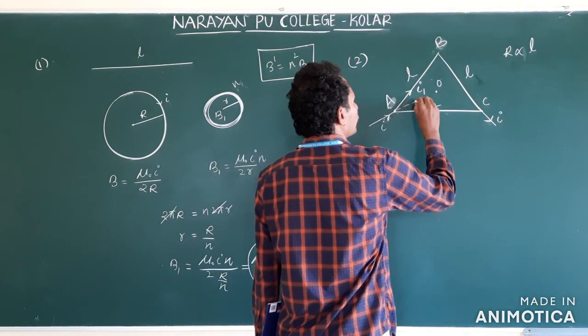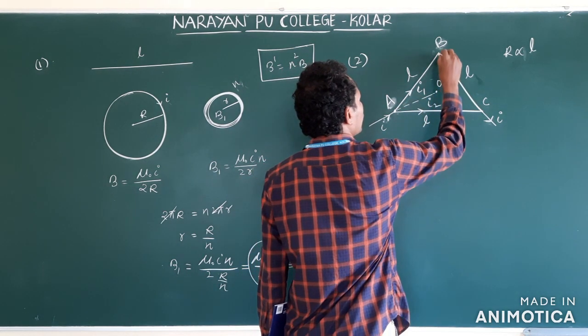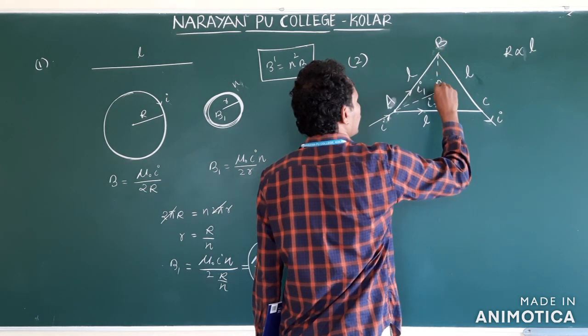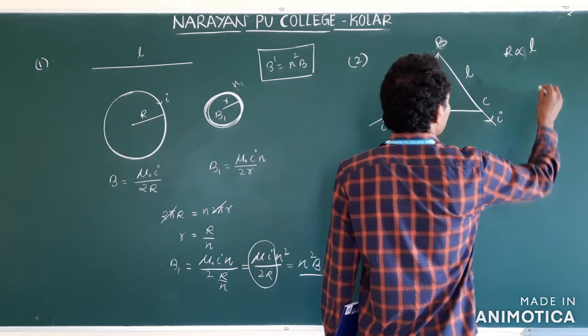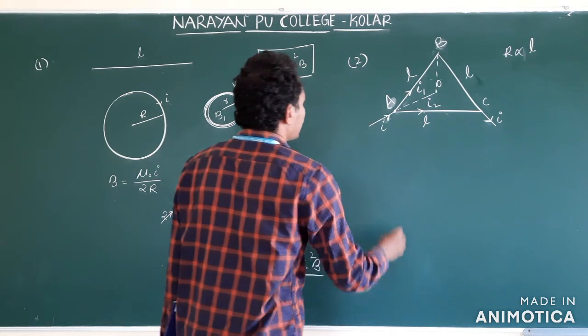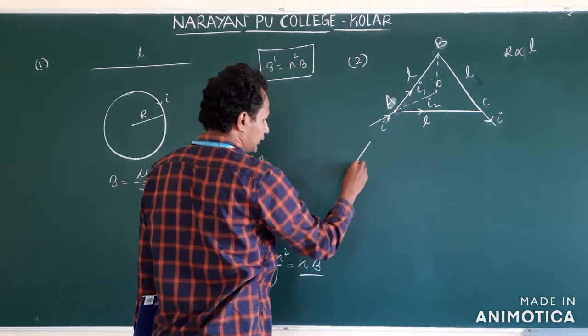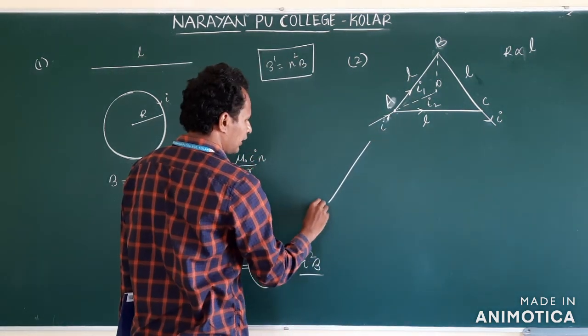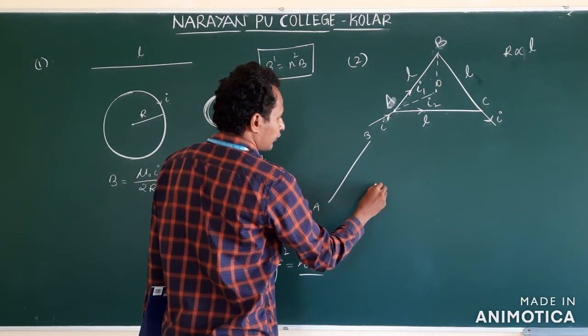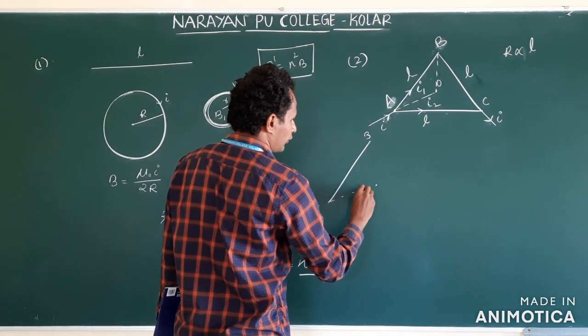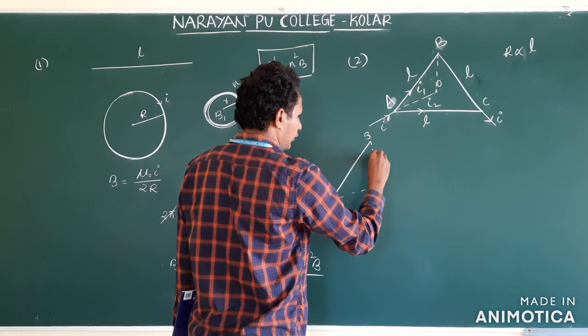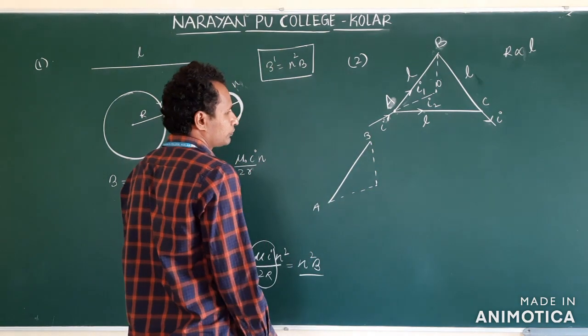So take only a single conductor. I will explain here. I am taking this conductor. What is this? The A, B conductor. Clear?